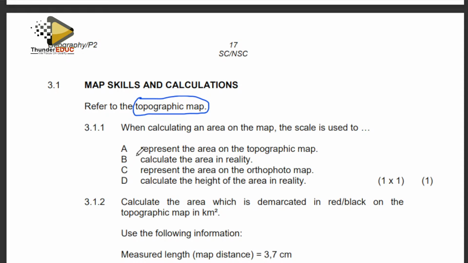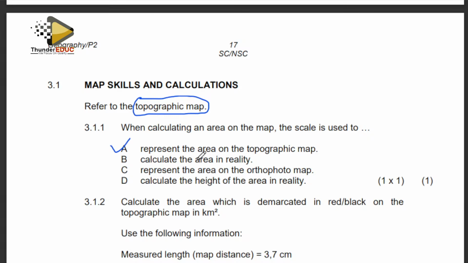So when you look at this, calculate the area in reality is the right answer, because representing the area is not its only use. It is one of the subsidiary uses of the scale. Representing the area on the orthophoto map, this is basically looking at the orthophoto map only, so that one is out. Calculating the height, we can also use it, but it is not for calculating the height.